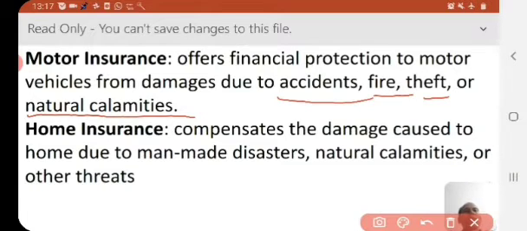So the motors can be damaged by accidents, fire, theft, or natural calamities. In such situations, motor insurance pays the compensation for such damaged vehicles.